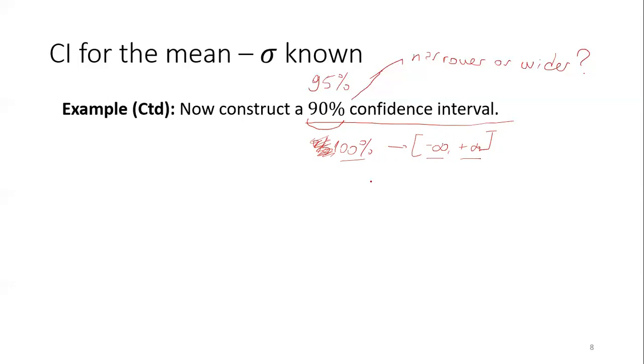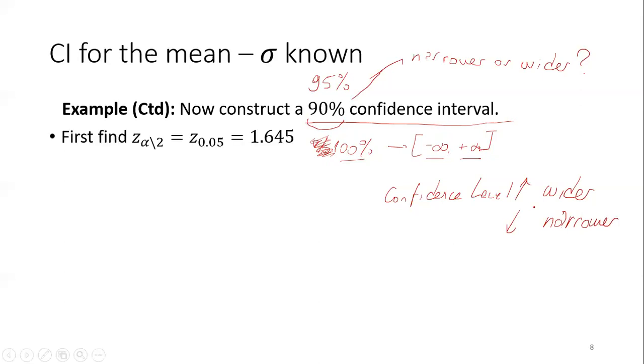So if you increase your confidence level, your interval becomes wider. There's a trade-off between the confidence level and the length of the interval.